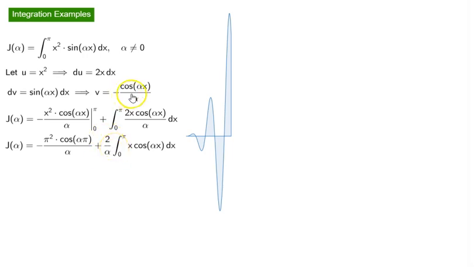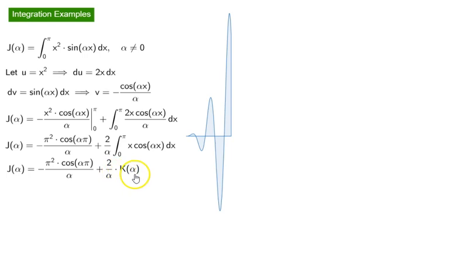Now remember, as per the formula it is minus the integral of v du, and v is minus, but because there is a minus coming out of the integral, it becomes plus. So plus 2 by alpha, because alpha is a constant, times the integral from 0 to pi of x cos alpha x dx.